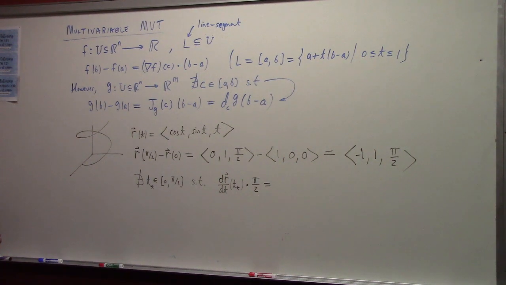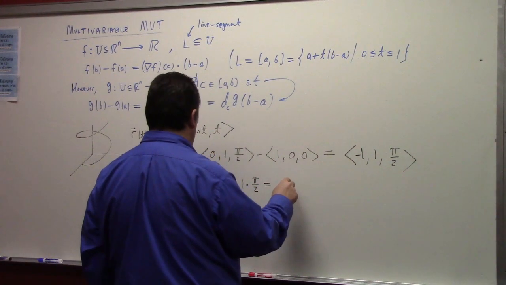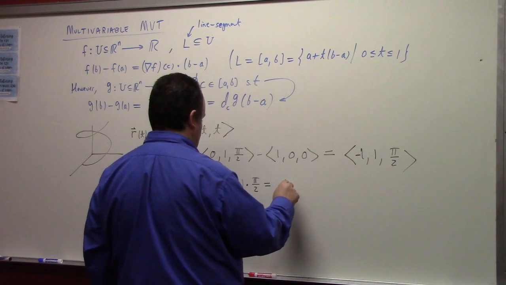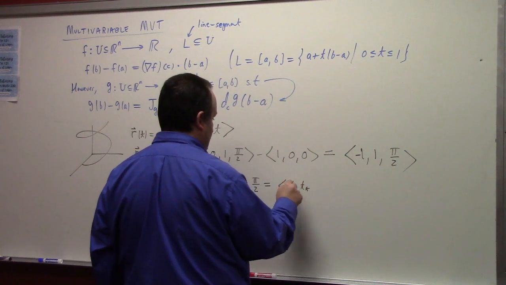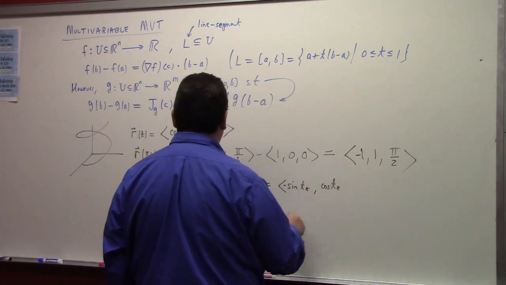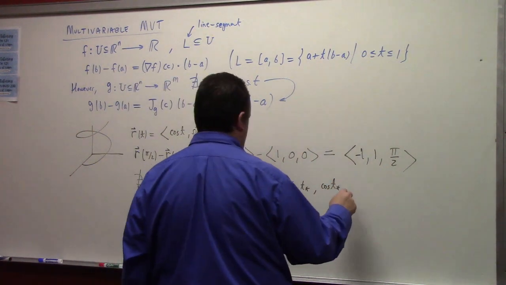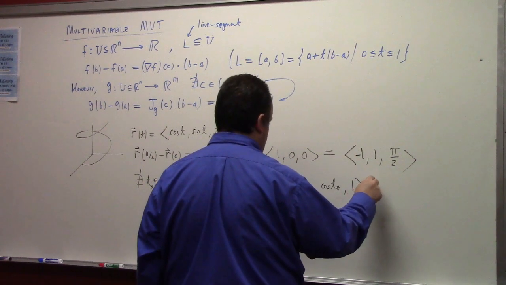All right, so what is dr dt here? You'd have minus sine of t star, cosine t star, 1, times pi over 2.